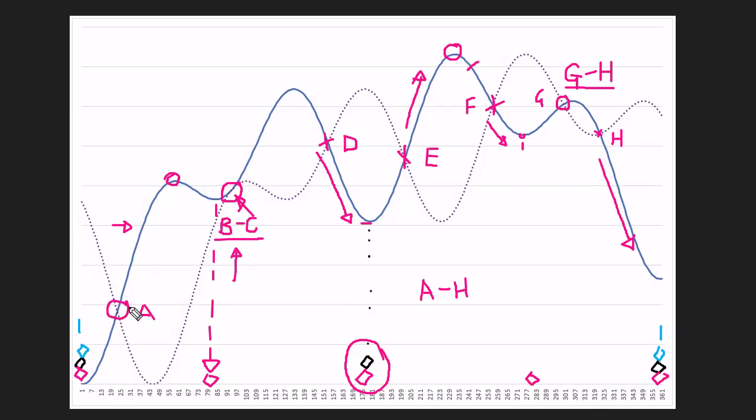Our first trading opportunity is this long A category trading opportunity when price crosses above the FLD following a trough of the longest cycle that we are considering. The BC category interaction pair does not provide us with a short trading opportunity, but it does provide us with another long trading opportunity.